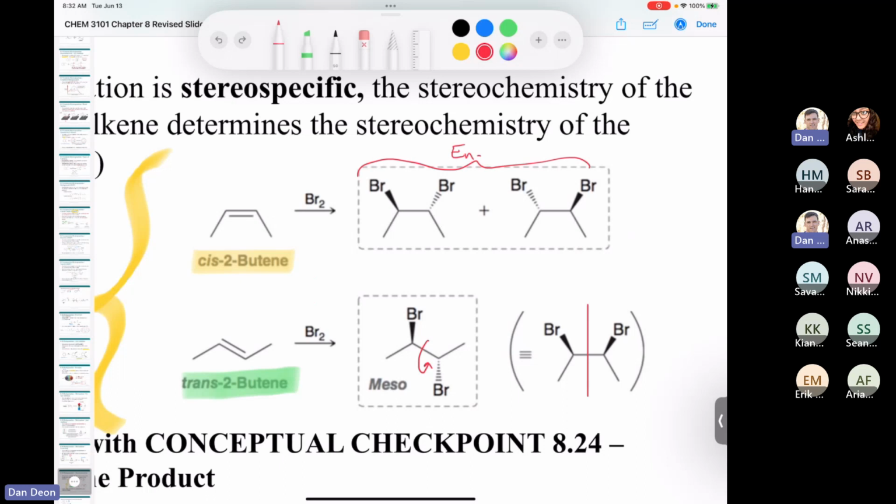I'm going to try to look at a few of these problems with you either today or next class, just so we can help straighten these out. I've asked these on quizzes many, many times. And so syn and anti-addition on cis and trans alkenes. The textbook has a bunch of questions about it too. In a few minutes, we're going to cover dihydroxylation, and we learn two types: syn and anti-dihydroxylation.